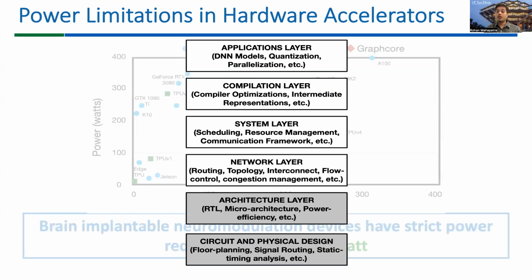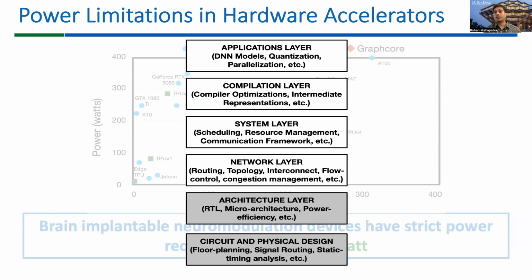Now, to reduce the power of an accelerator, there are various different techniques. Specifically at the architecture layer, how do you design the architecture, the microarchitecture? For instance, how do you implement clock gating or power gating, where you don't power on a specific module in the hardware if it is not in use? Or how do you do dynamic voltage frequency scaling, DVFS, depending on how the load is?